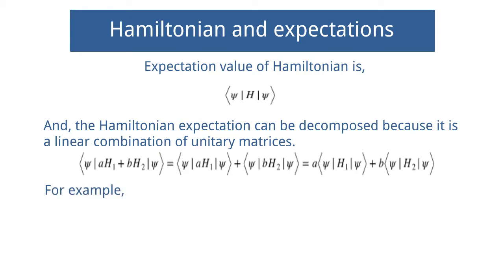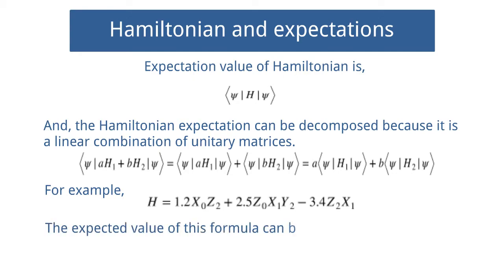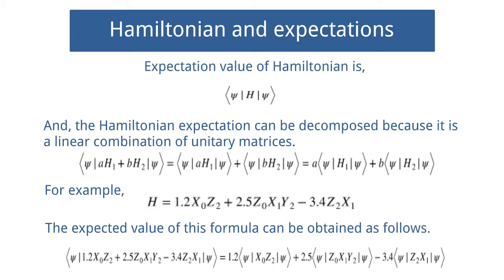For example, H equals 1.2 X0 Z2 + 2.5 Z0 X1 Y2 - 3.4 Z2 X1. The expected value of this formula can be obtained as follows.